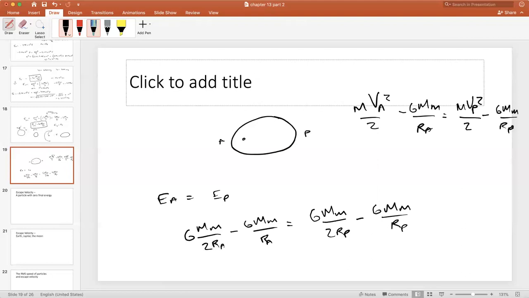All right, first of all, if we get rid of those M's, we see that VA squared minus, and multiply through by 2G M of the Earth over RA, is equal to VP squared minus 2GM over RP.